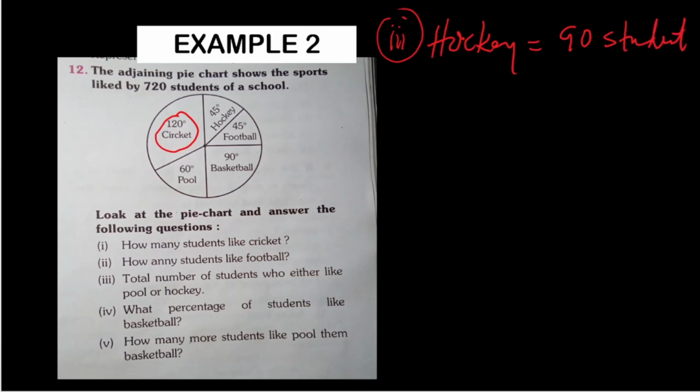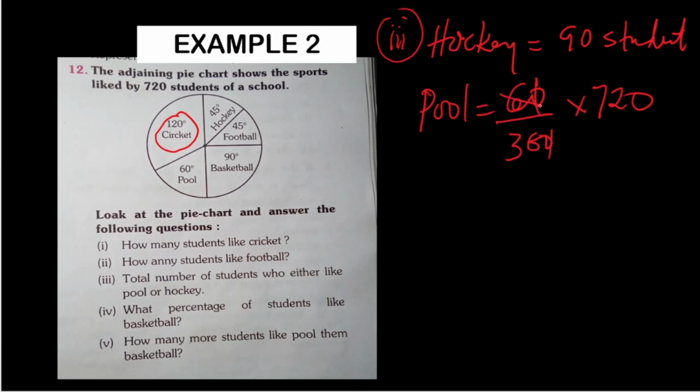I hope I'm making sense. So in that case, we're going to look for pool now. Pool will then be 60 degrees out of 360 degrees multiplied by 720. So 0 cancels 0. 6 here 1, 6 here 6.